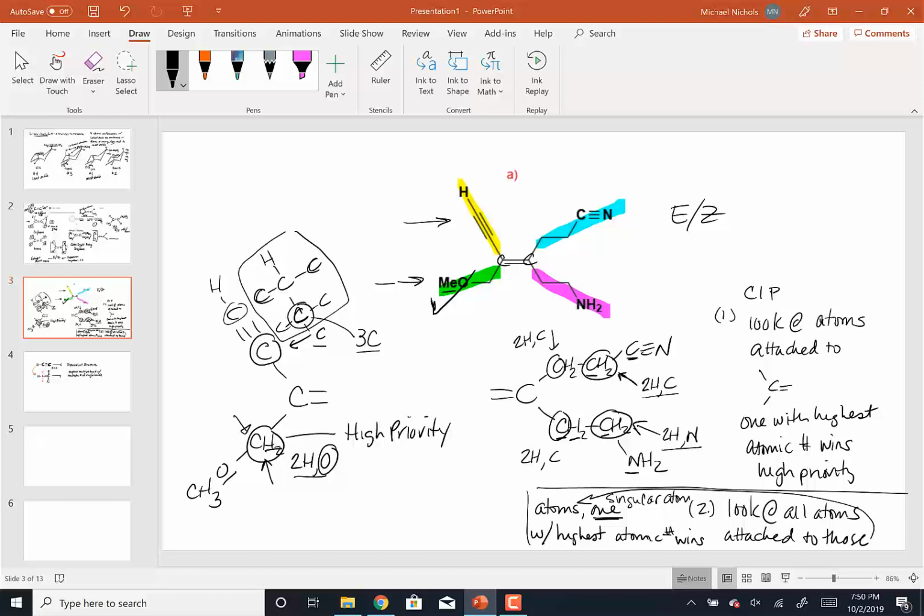Yes, it's nitrogen. And so now this group wins the high priority. And so the 2 high priority groups are basically cis, which means that geometry is Z.